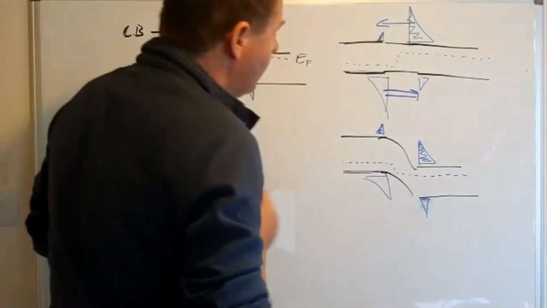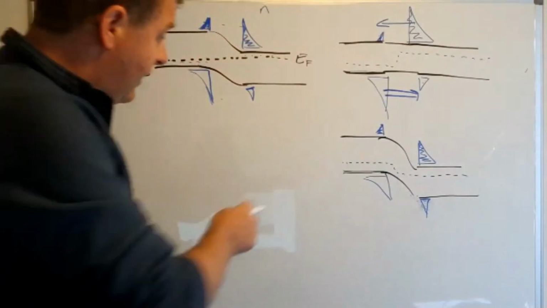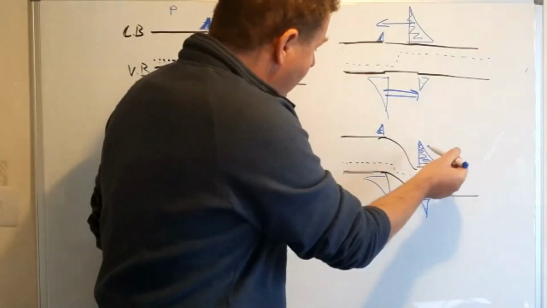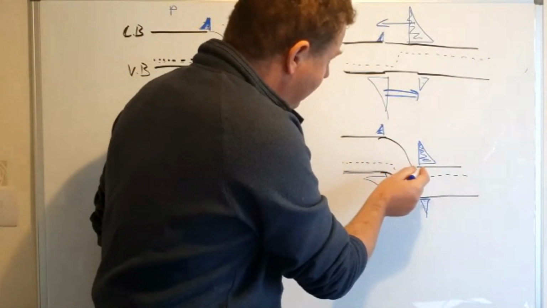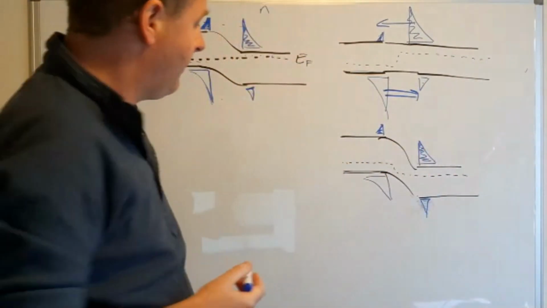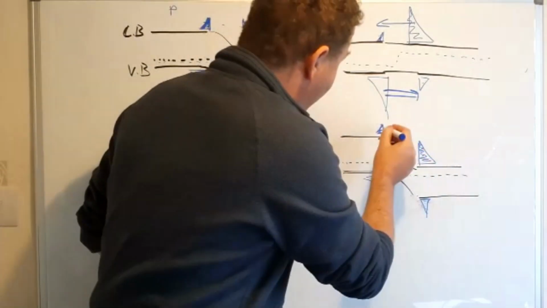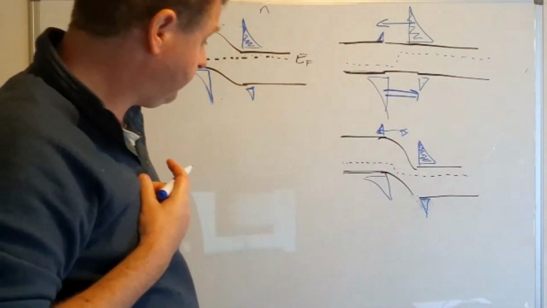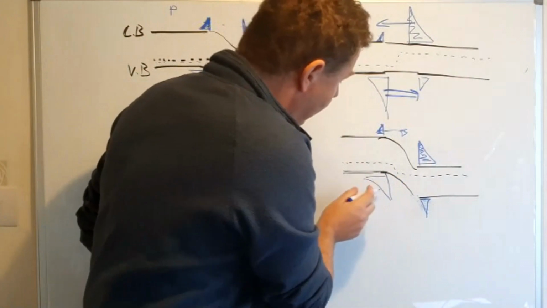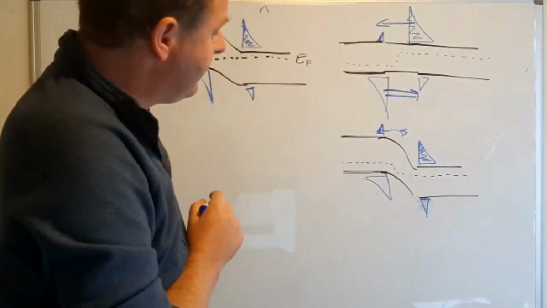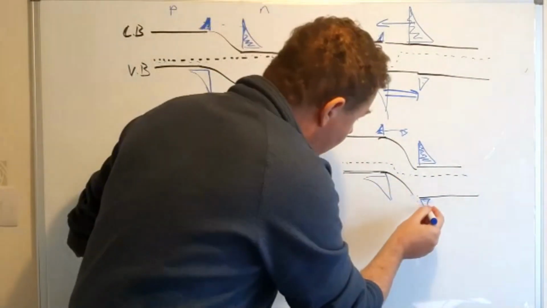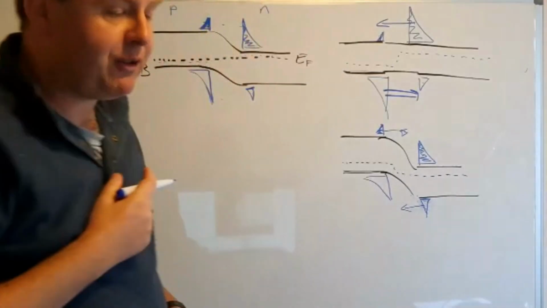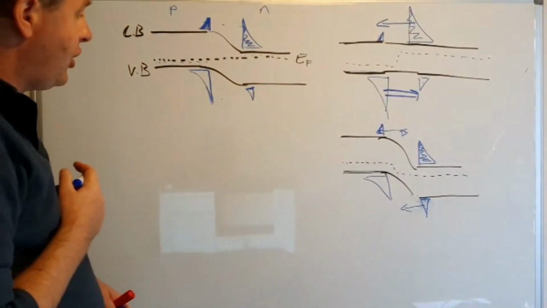Now, what's going to happen in this situation is that these electrons here can't get across because the barrier they've got to get past has got bigger. So there's no electron flow there, but there is an electron flow going in that direction. And likewise, there's no holes going this way because they're being blocked with a bigger barrier, but those holes there are able to move across the junction.